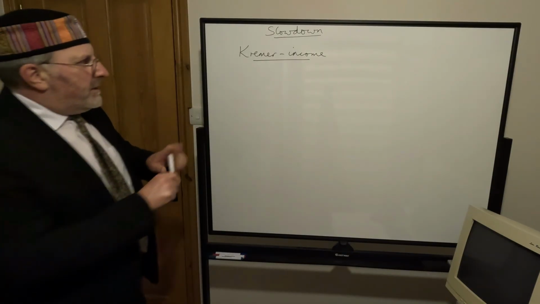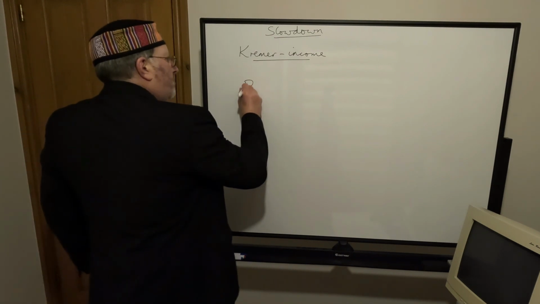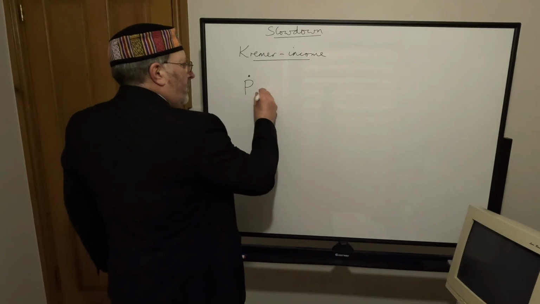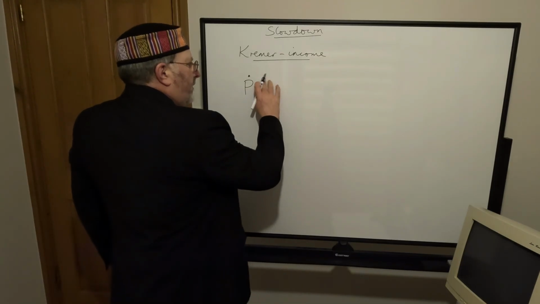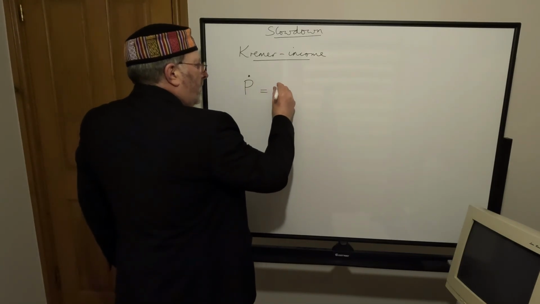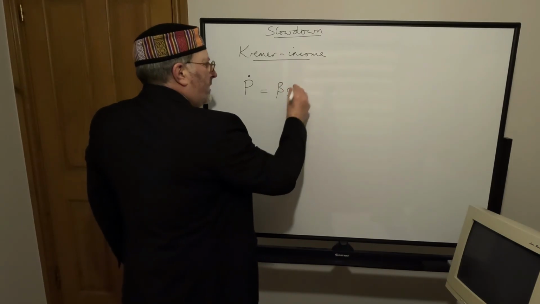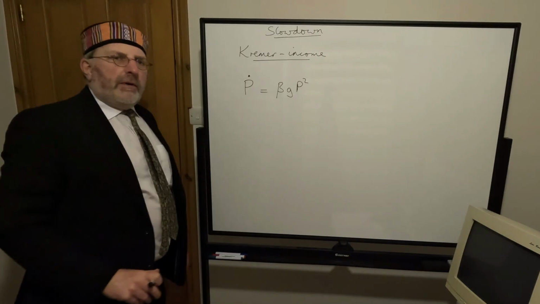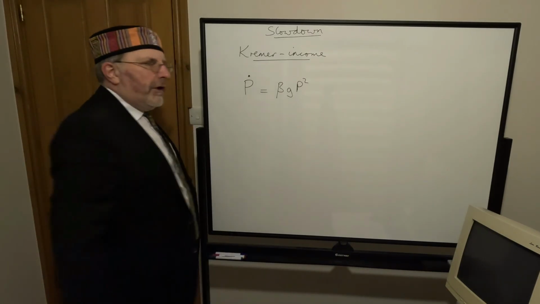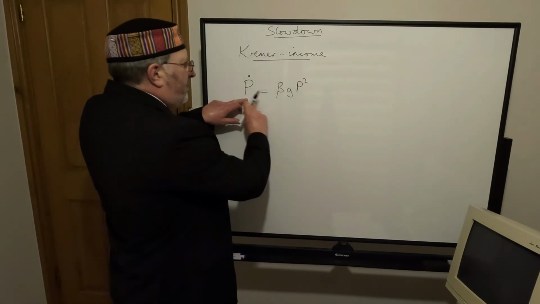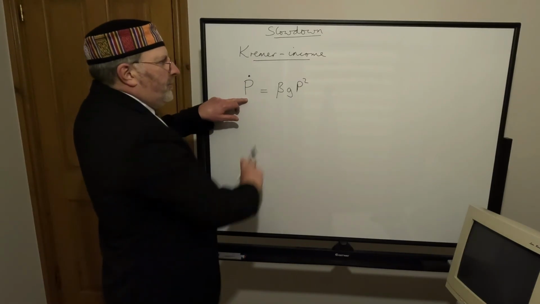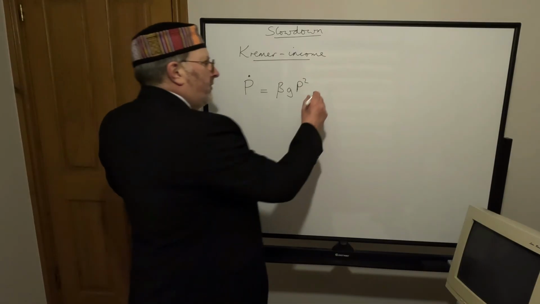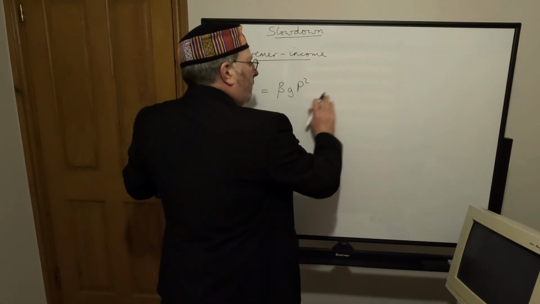So he suggests that we need to rewrite his basic equation. We saw that from his model, we got that the rate of change of population was equal to beta g times p squared. So beta and g were a couple of constants, g this research productivity, and we have this relationship p dot proportional to p squared, which gives our hyperbolic growth. Well, he's suggesting we need to modify that.